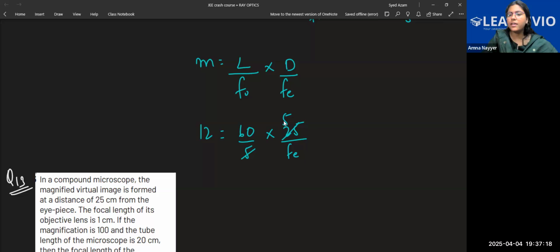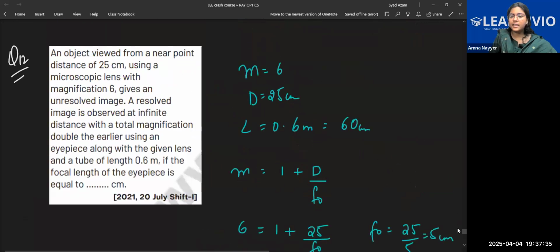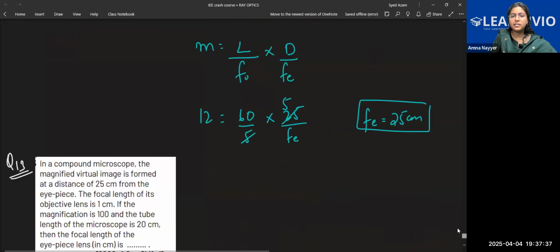Yeah, this will be 25 only, correct? Yes, ma'am. This will be 25 centimeters. So 25 centimeter is the answer, because 1 here, this will be divided. So FE is equal to 25, that is 25 centimeters. Write it, then this question we will discuss.